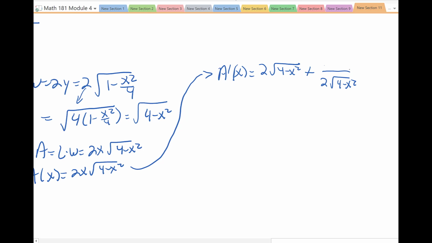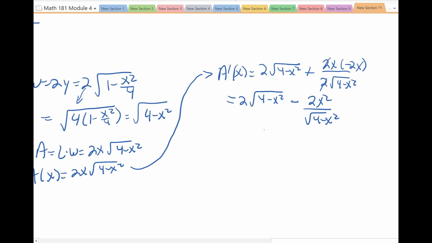So the derivative of 4 minus x squared is negative 2x. I had that 2x from earlier, so I will keep that 2x. So 2x times negative 2x. Okay, so we're going to end up with 2 times the square root of 4 minus x squared minus 4x squared. Oh wait, that'll reduce, won't it? Minus 2x squared over the square root of 4 minus x squared.